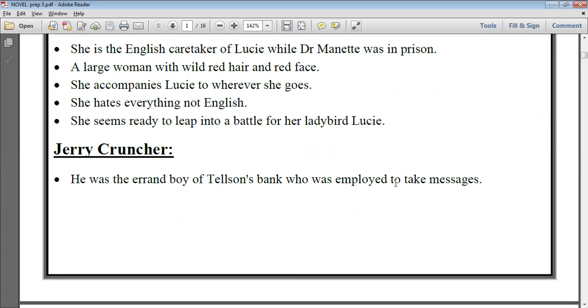And let's move to Jerry Cruncher. He was an errand boy of Tellson's bank who was employed to take messages.